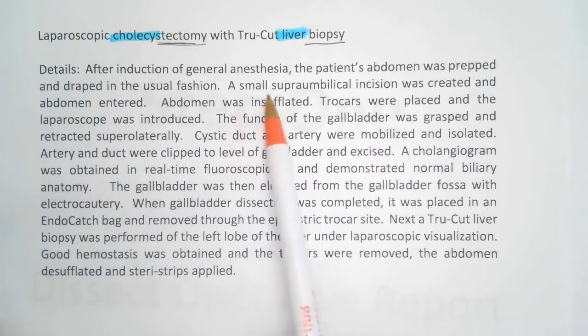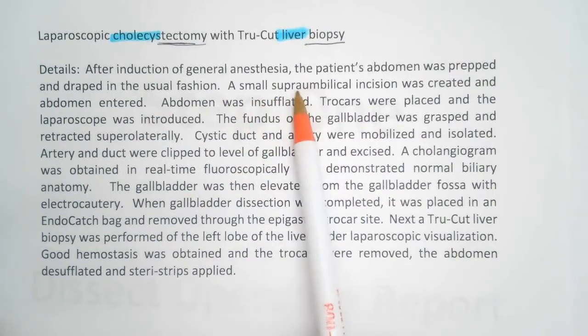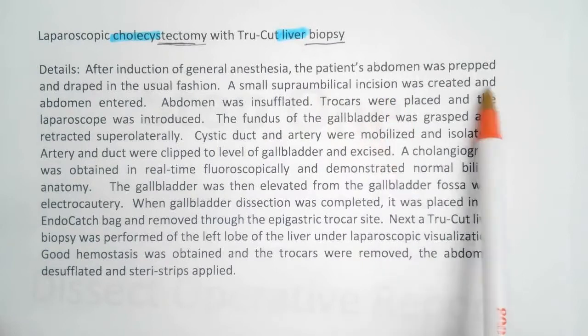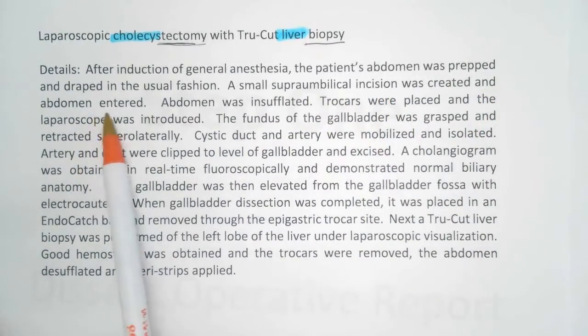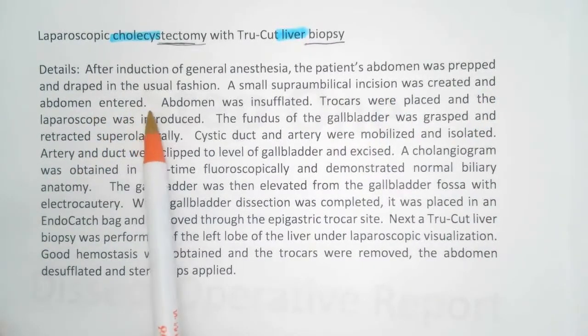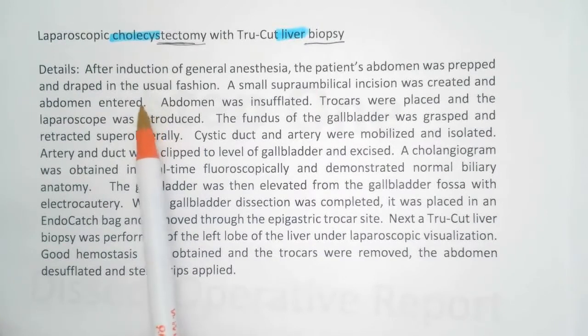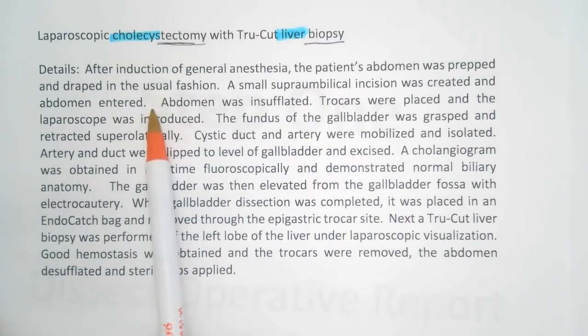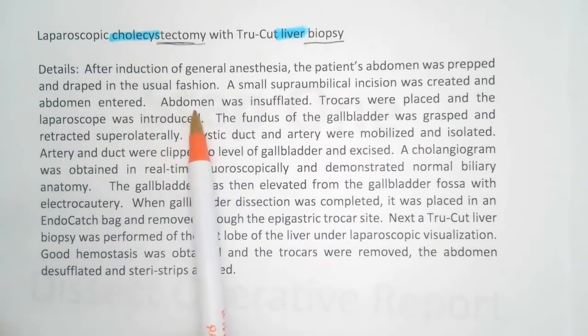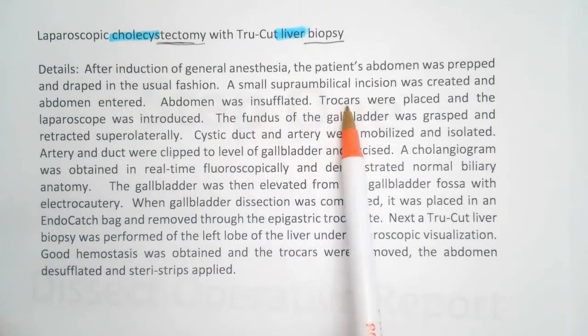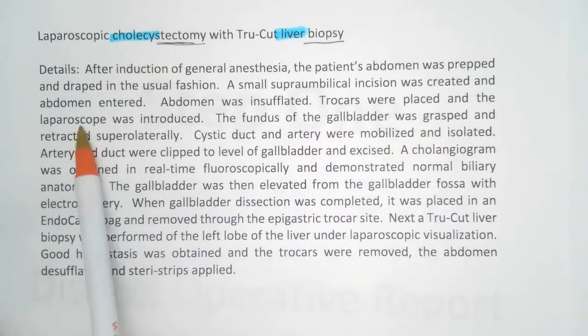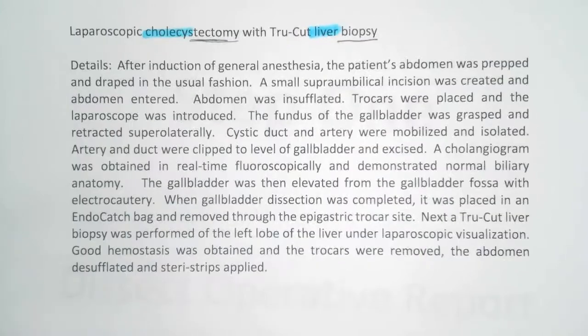From there, I noticed that a small supraumbilical incision was created and the abdomen was entered. Now, this is important in terms of the surgical approach that's needed for ICD-10 PCS codes. So I'm paying close attention. The abdomen was insufflated, trocars were placed, and the laparoscope was introduced.